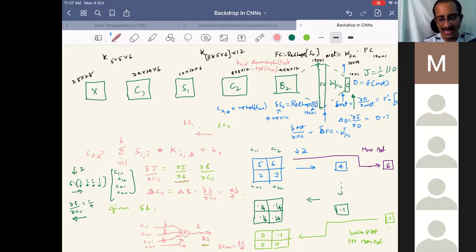So S2 to C2 in forward is by convolution, and then the back propagation is by correlation. That we will try to establish now. Assume that we establish this.